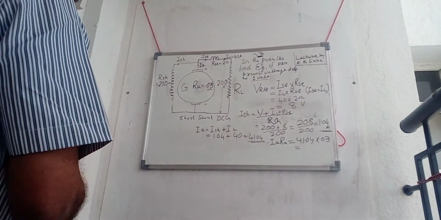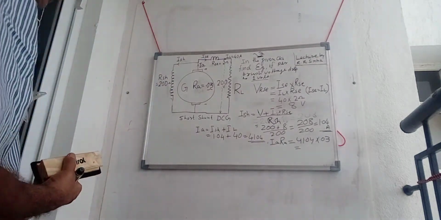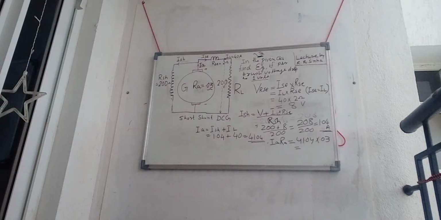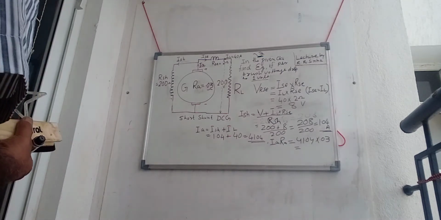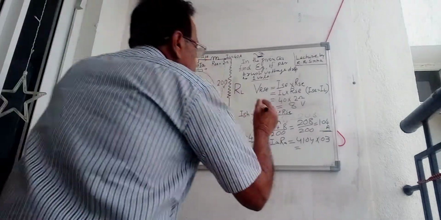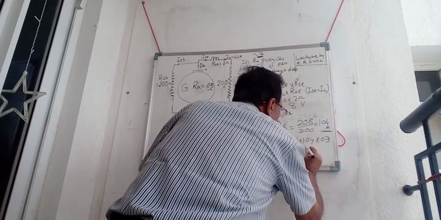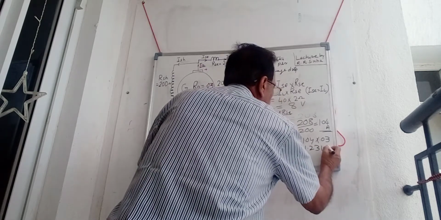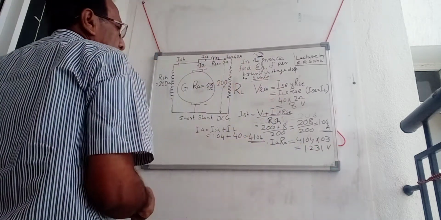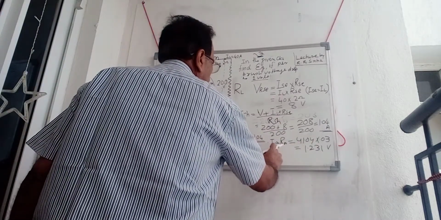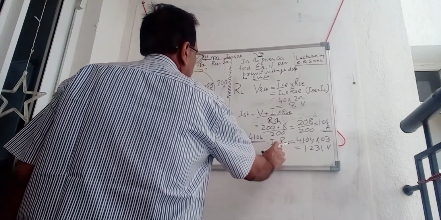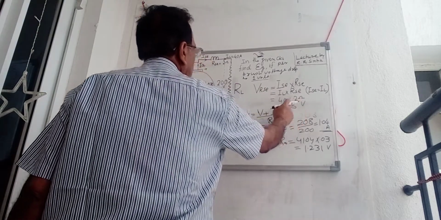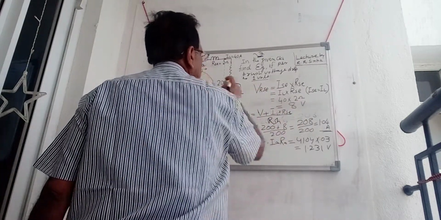So 41.04 into 0.03 is equal to 1.231 volt. This is the voltage drop across the armature. This is the voltage drop across the series resistance.